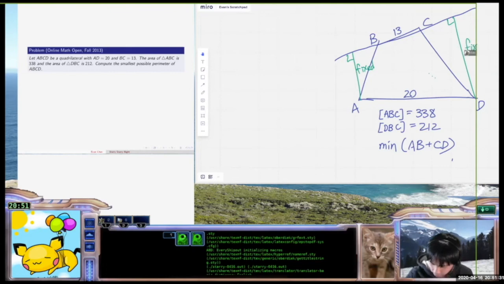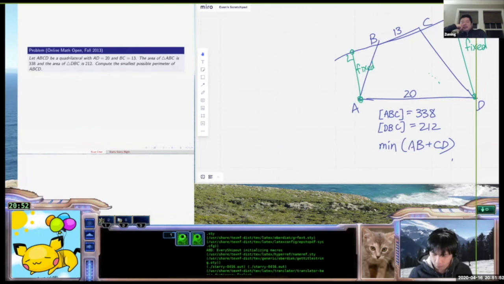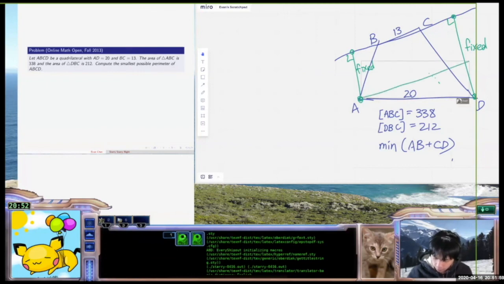And if you do it this way, which things in the problem can I hold still and which things can I move around? Well, because these are fixed, which one of these is also moving? BC can move around in here. AD can't actually move around, because this difference is the difference between two fixed numbers, so it's not going to move at all.